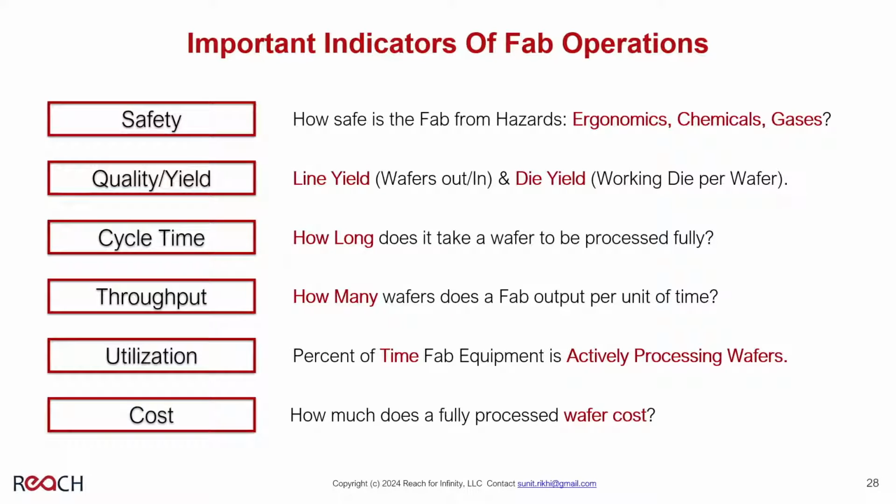So let's start with, what are the important indicators of fab operations? Safety is at the very top. And with such a complex beast, the safety systems have to be very sophisticated. One of the sophistications comes from ergonomics concerns.